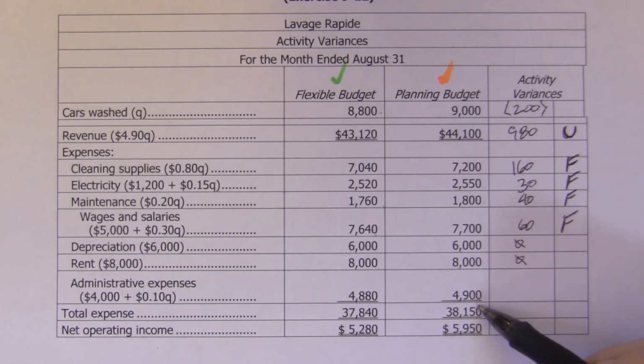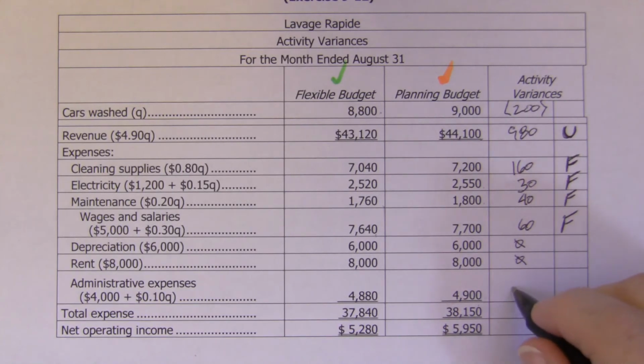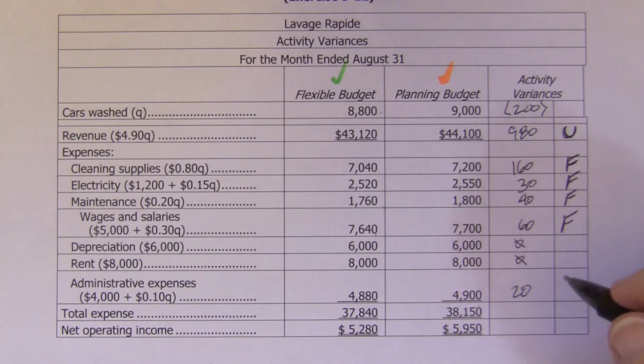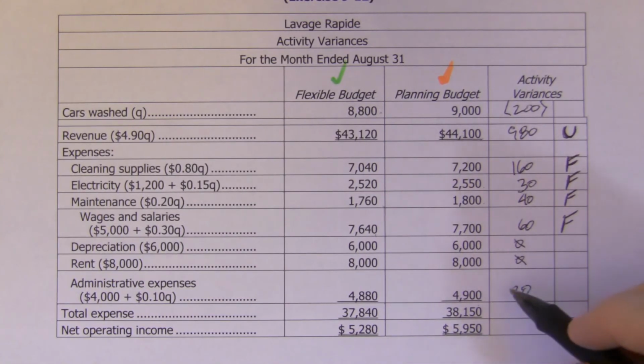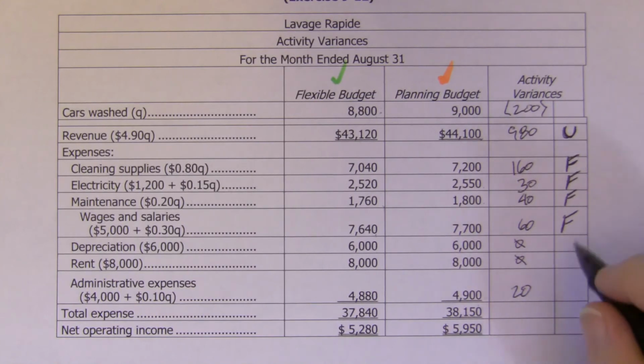We're only going to do 8,800, so we expect we're going to make $4,880. So that's a $20 decrease. Okay? All right, that's administrative expenses, excuse me. So that's favorable.